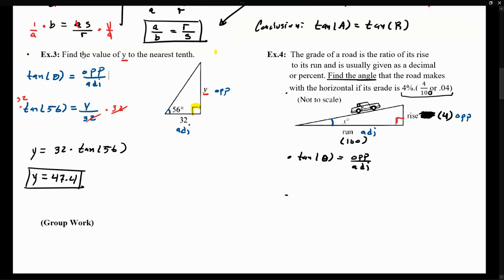What we're trying to do now is show that the tangent of angle x is equivalent to the opposite of angle x, which in this case is 4, over the adjacent of angle x, which is 100. And notice that what we're trying to find now is the angle x. So in other words, we need to cancel out the tangent.